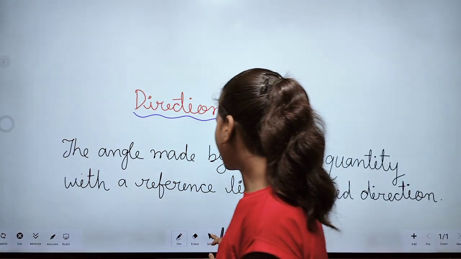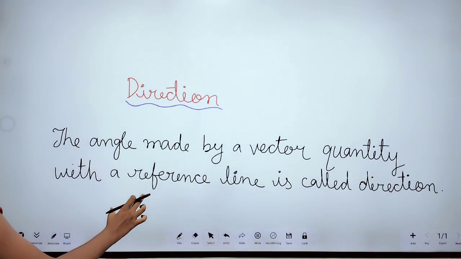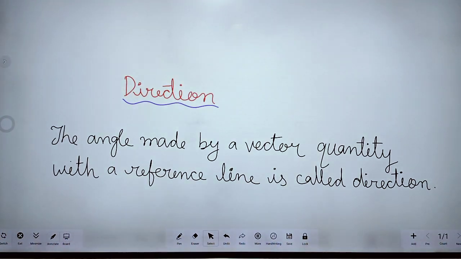Okay, what is direction? The angle made by a vector quantity with a reference line is called direction. Okay, here is a new term: reference line. Let's see what a reference line is.